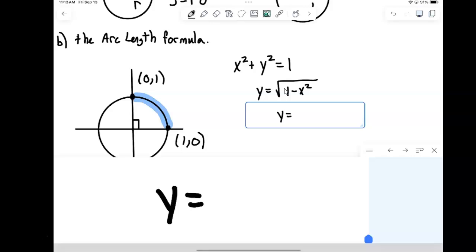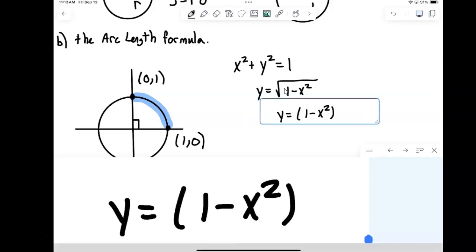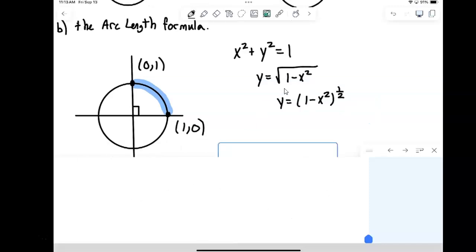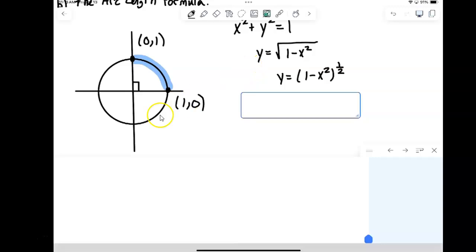So I'm going to rewrite that as 1 minus x squared to the 1/2 power. And now we're going to do our derivative using the chain rule. Except I'm going to, this time and probably from here on out, use the chain rule in a very abbreviated manner.